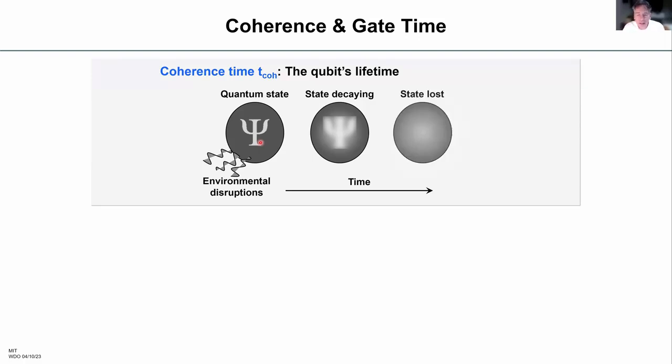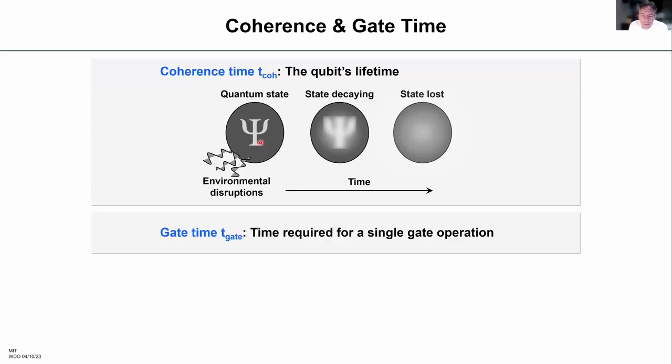They're not gone. But the point is that as I try to run an algorithm, I'm trying to take the state in a state space from point A to point B, but I'm fighting against the environment, which is also driving the qubit, and taking it to a different place C, which I don't know. Okay. Now, the time frame over which that happens is called the coherence time.